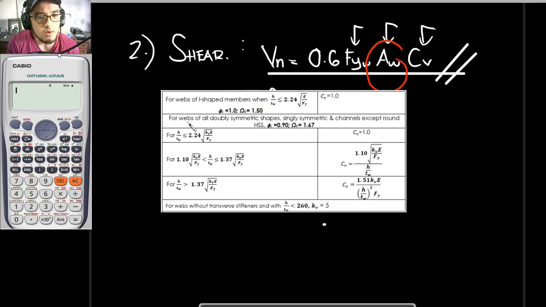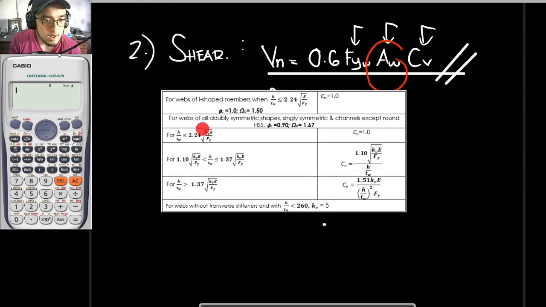Tapos, sabi dito, if you would be having your webs all doubly symmetric shapes, singly symmetric, and channels except round hollow steel section, gagamit kayo ng phi and omega na 0.9 and 1.67, and you would be checking your cases here kung anong Cv gagamitin nyo. But if you can see here in this equations right here on the bottom, meron tayo yung tinatawag doon na Kv.